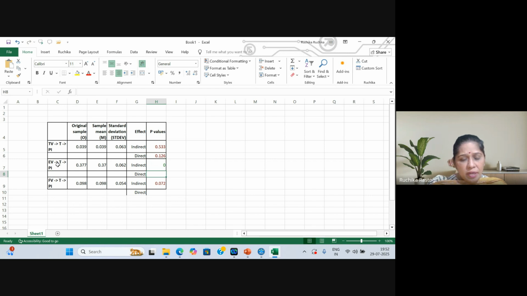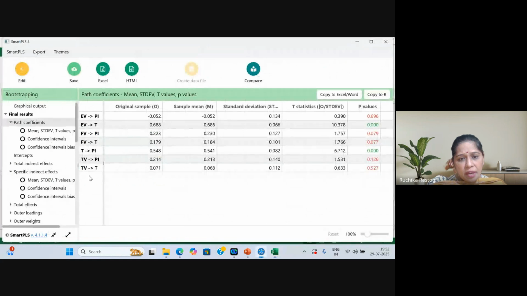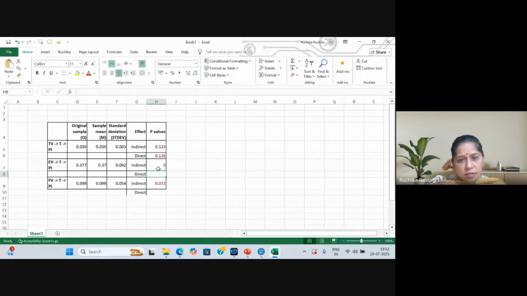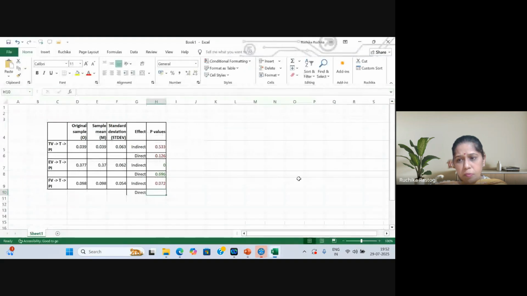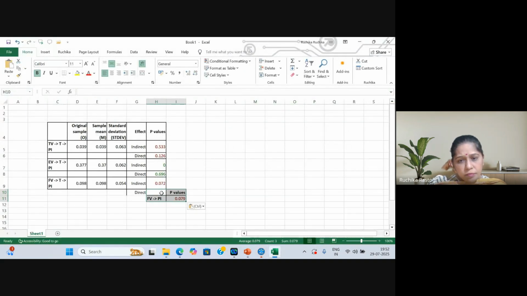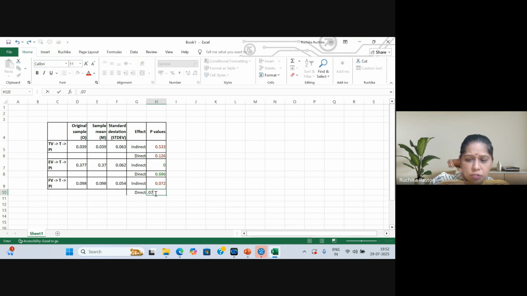For the next one, what is the direct value between EV and PI? 0.696. And FV and PI? 0.079.